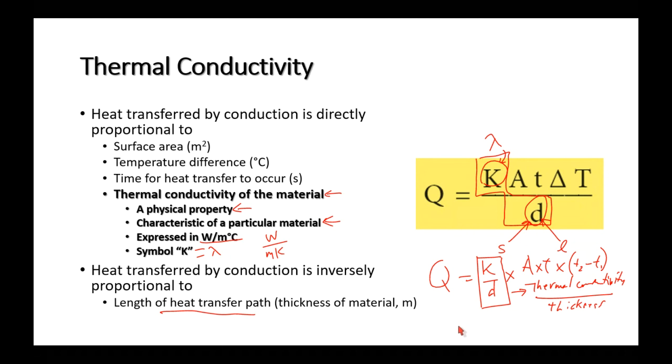And so let's think about this. If we've got a material that's super thermally conductive per a given amount of thickness, then we get a lot of heat transfer. So if K is a very large value, if K is big, then the amount of heat transferred is also big.